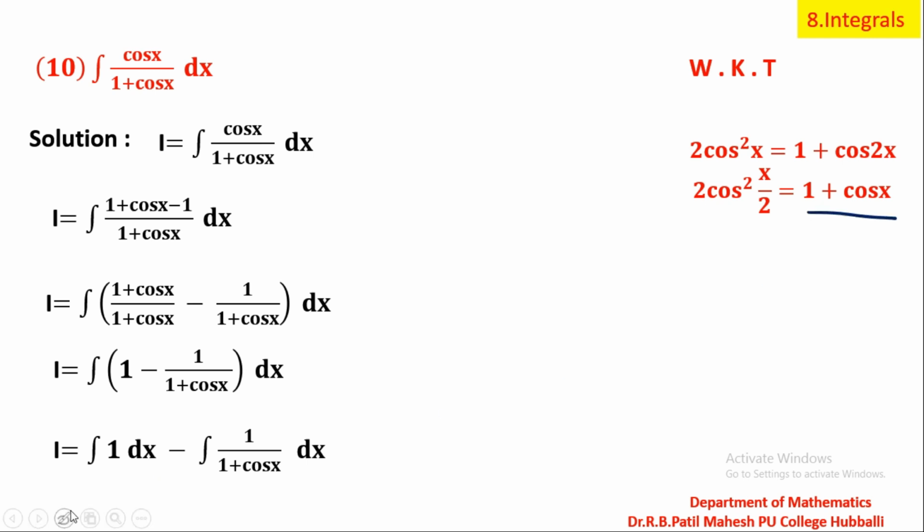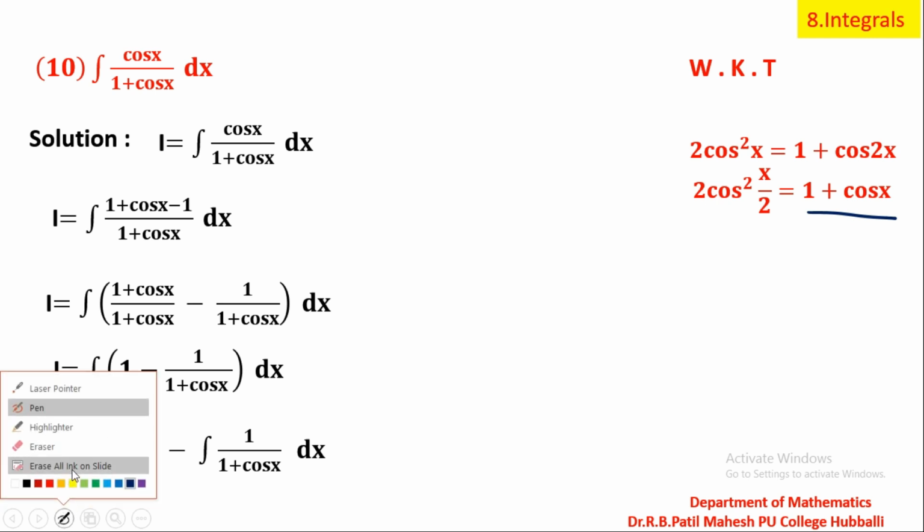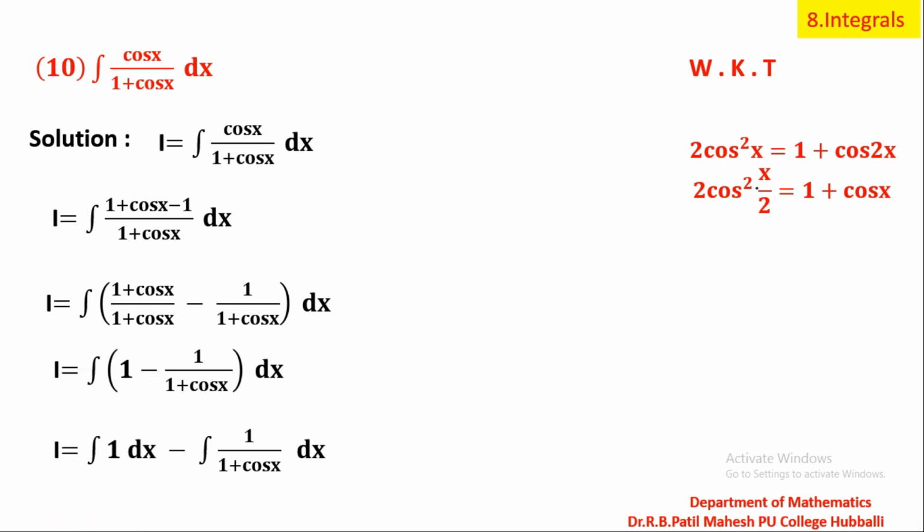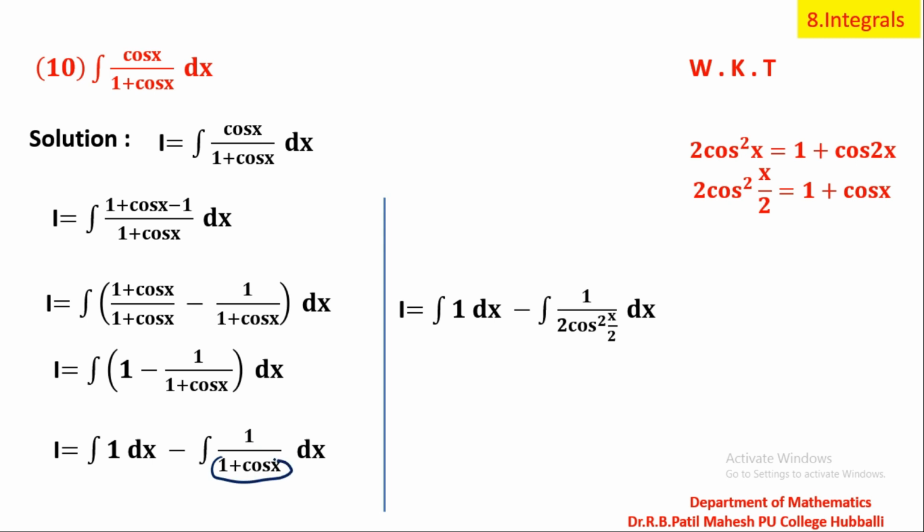Students, I tell you, be perfect in trigonometry. 2 cos square x by 2 is 1 plus cos x. Therefore the given problem will be, I equal to integration of 1 dx minus integration of 1 upon, replacing using the trigonometric formula, 1 plus cos x as 2 cos square x by 2.